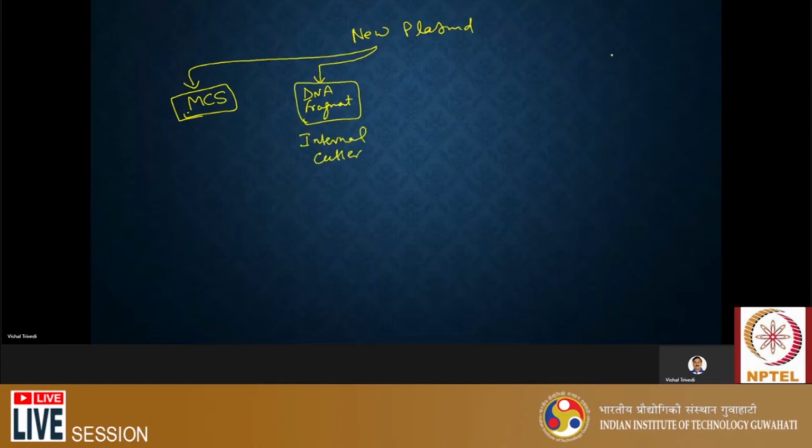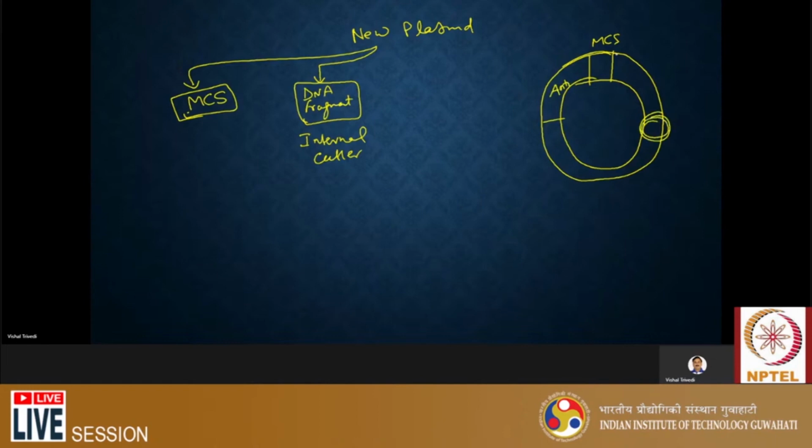See what you're going to have in the plasmid: the MCS, the antibiotic resistance gene, and the origin of replication. These are the minimum three things you require if you want to make a new plasmid.